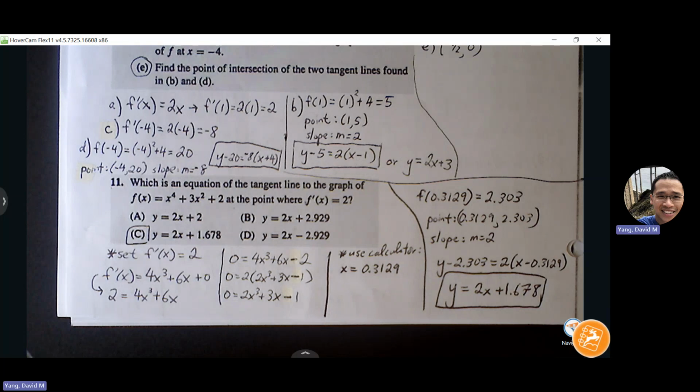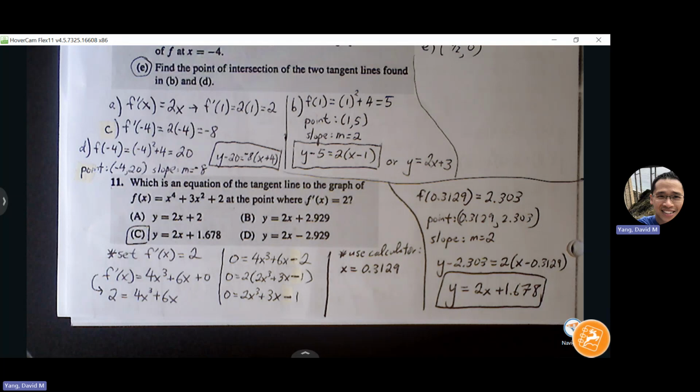This is a calculator question, so I can enter that into the calculator and look for the x-intercept. If I sketch that graph and identify the x-intercept of this equation, it ends up being 0.3129. So we know that this x value is 0.3129.